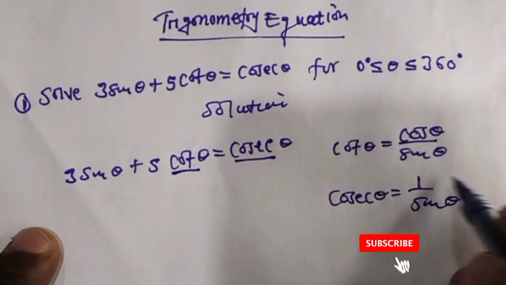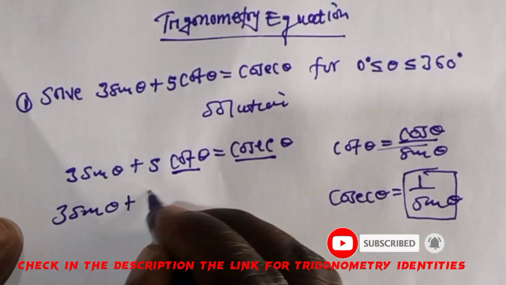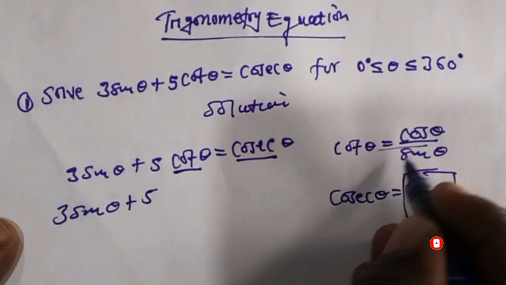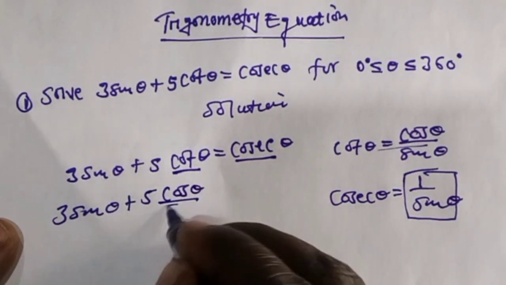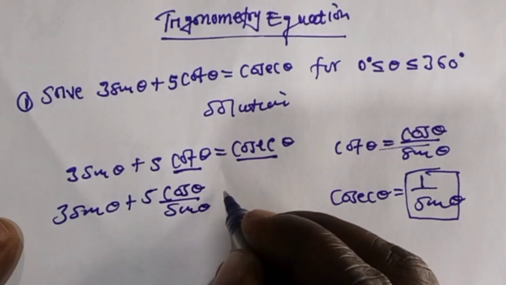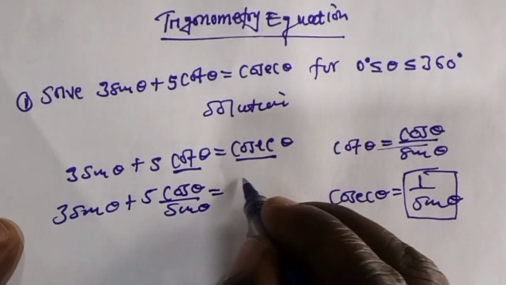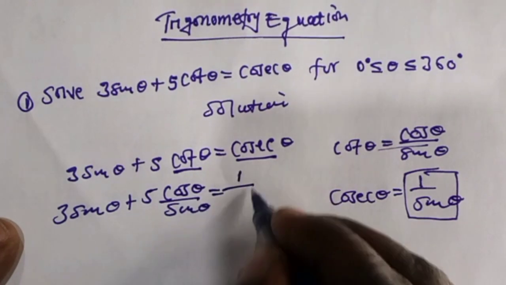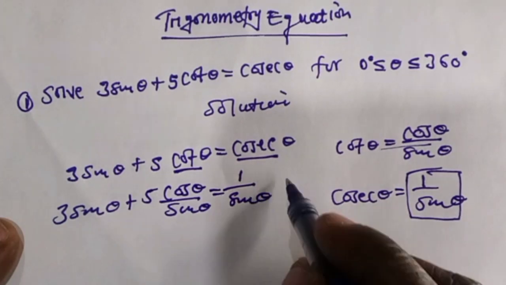So we are going to substitute: 3 sine theta plus 5, where cot theta is cos theta over sine theta, equals, where cosec theta is, 1 over sine theta. We are going to take this term to the other side.